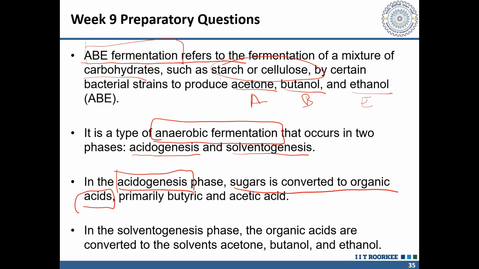From this word acidogenesis, we can see there is the word acid in it. This process converts sugar into organic acids such as butyric or acetic acid. And in the second phase, the solventogenesis phase, the organic acids are converted into solvents such as acetone, butanol, and ethanol. Therefore, it has two phases.